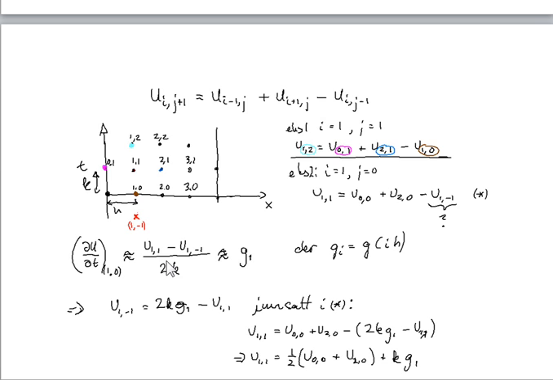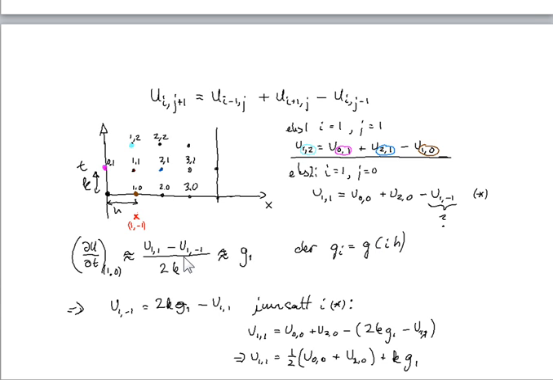So this will be an approximation for the derivative with respect to the time in this point, and we know this value because it is the initial velocity, g_1. We call it g_1, where g_i is defined as the function g of ih. So ih is x.